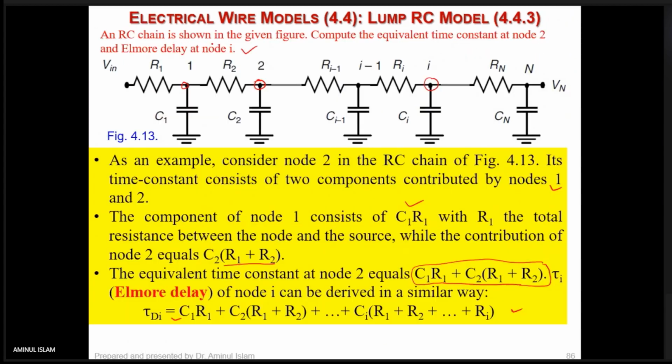An RC chain is shown in the given figure. Compute the equivalent time constant at node 2 and the Elmore delay at node i.